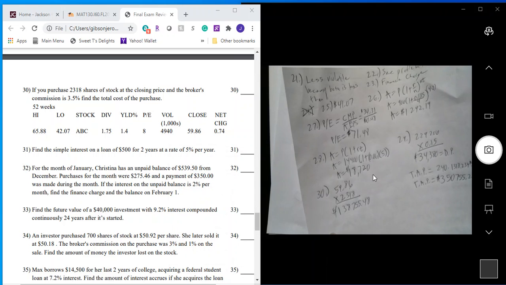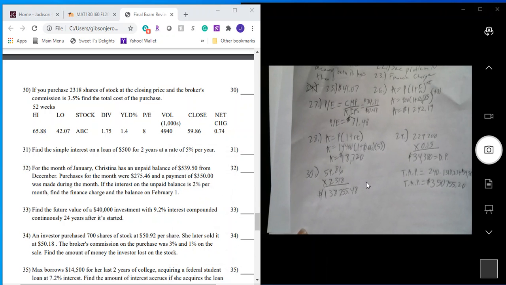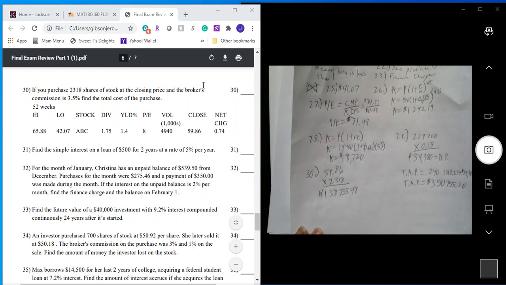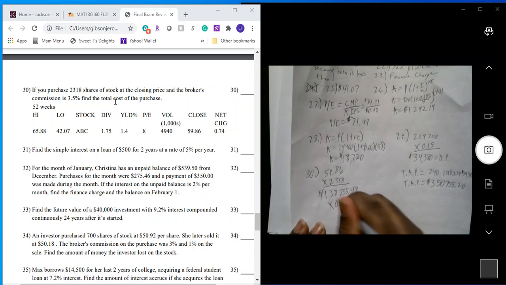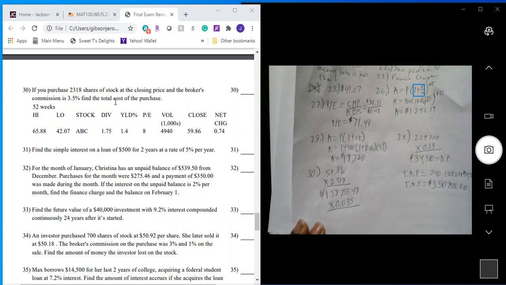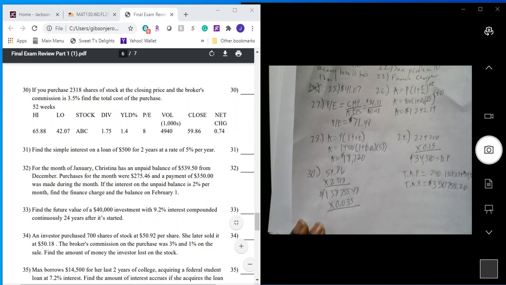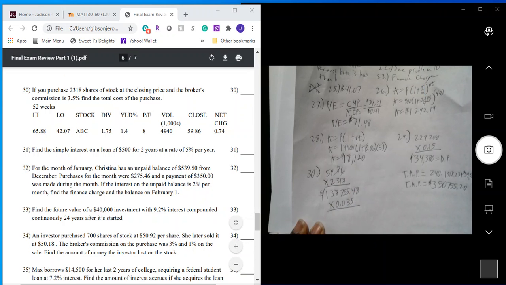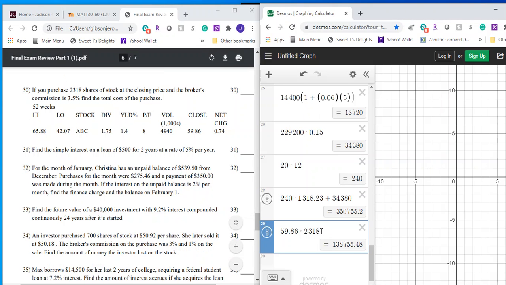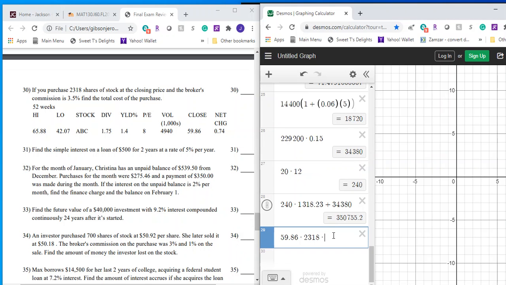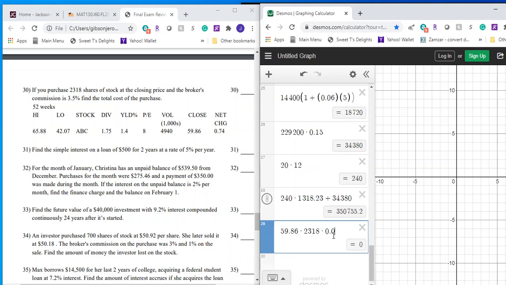Okay, that's how much was paid for the stock. Now we're also told that the broker earns a commission of 3.5%. So we can multiply this by 0.035. Let's go back here to the calculator. And since we already had this amount, we could just do times 0.035. So the commission would be $4,856.44.